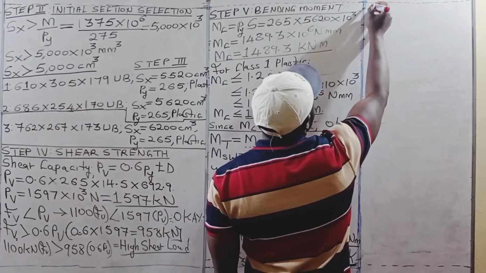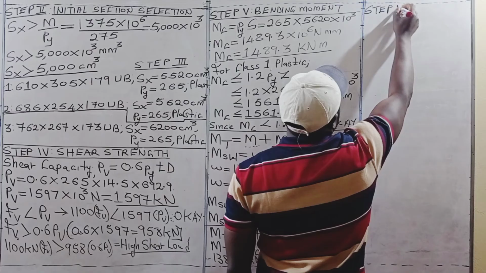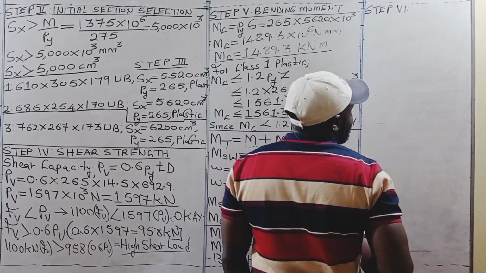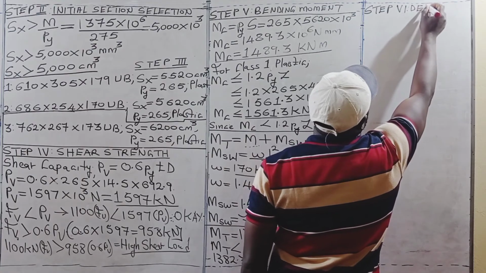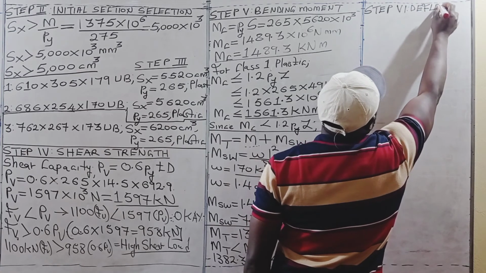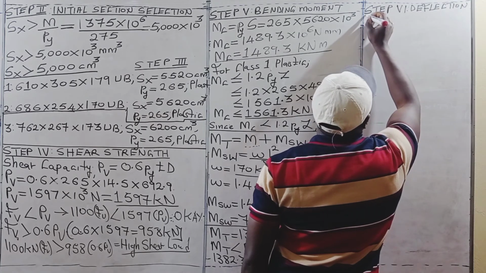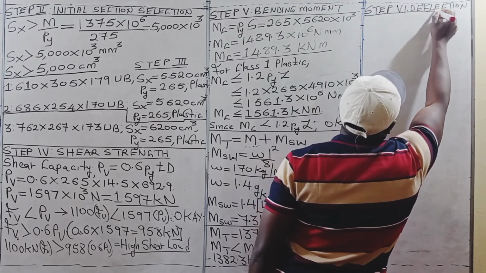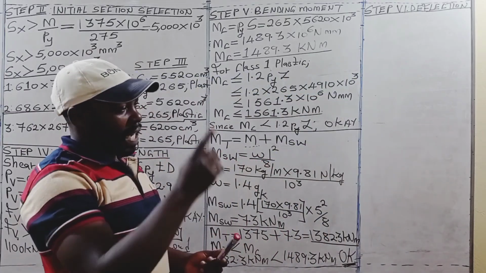Then we go to step number 6, which is determination of deflection, so that we see whether the section we have selected is able to stand and resist any failure due to deflecting.